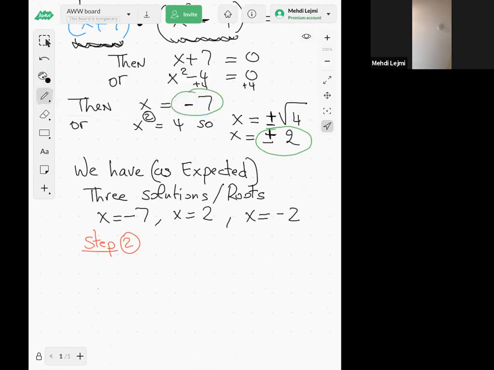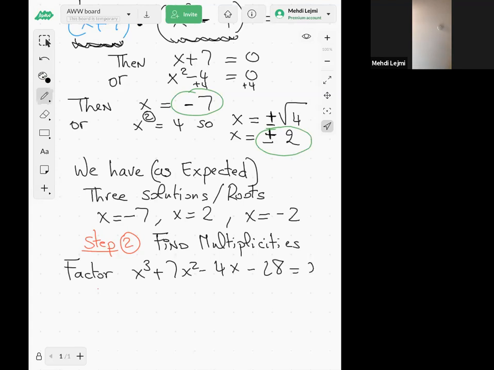So as I said, we have to factor. So we're gonna find the multiplicities. You have to factor this x cubed plus 7x squared minus 4x minus 28 equal to 0. So guys, we said we were expecting 3 solutions, and we got 3 solutions.